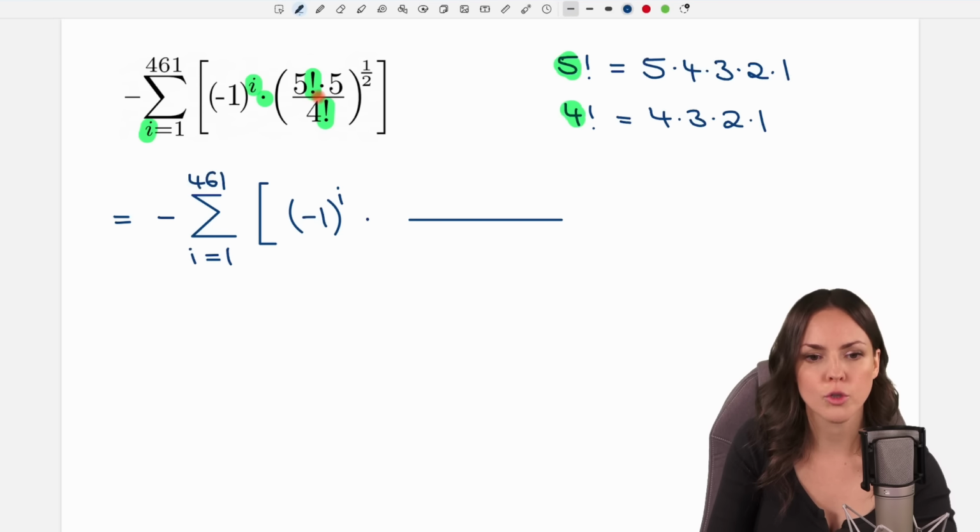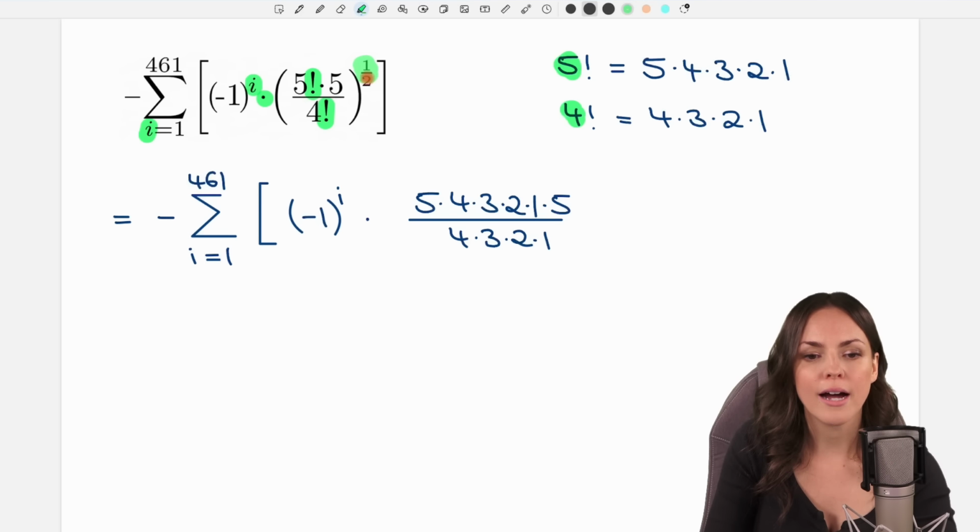Instead of 5 factorial, we're going to write down what it actually is, this product here. And then don't forget to multiply all of this by 5, because that was what was there from the beginning. And down here we have 4 factorial, so we have this product here. And then all of this is raised to the power of 1 over 2.